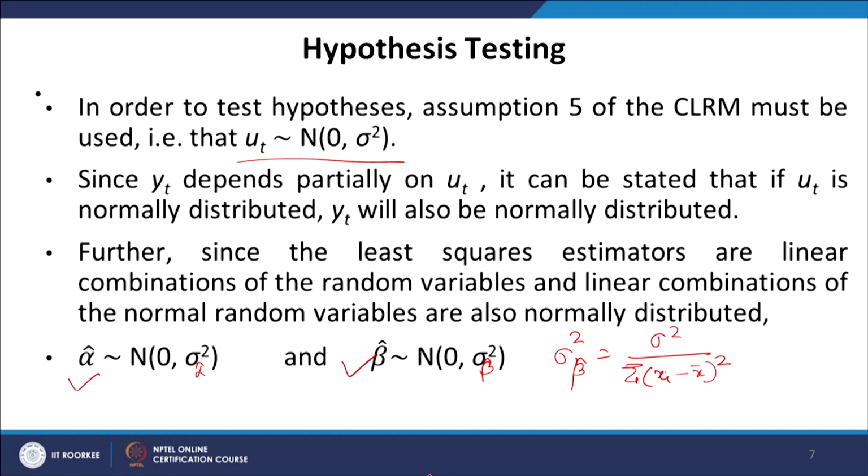For the time being, we formally assume that alpha hat and beta hat also follow a normal distribution, because we can have a large number of alpha hat and beta hat when we go for repeated samples from the same population.